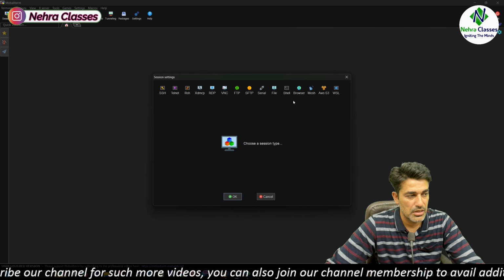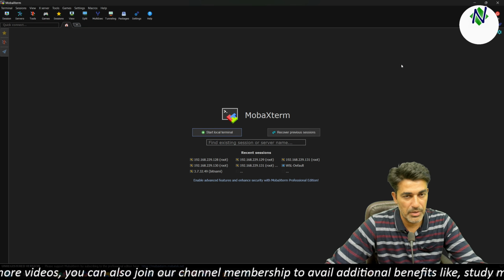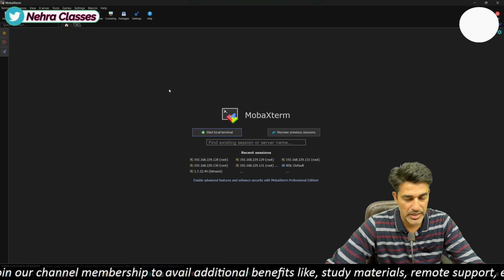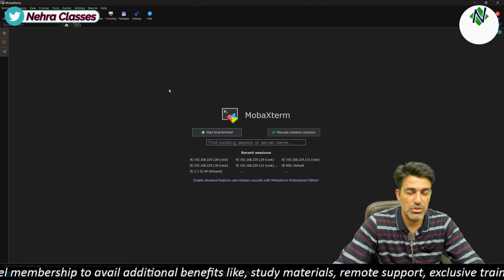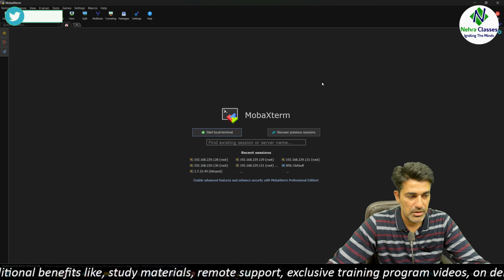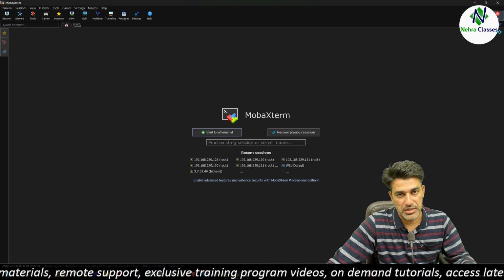All of these features are supported here, which are actually not available on PuTTY. So personally, I feel MobaXterm is better, but you can use either of them. In companies, we prefer PuTTY. For your own learning, you can go for MobaXterm.